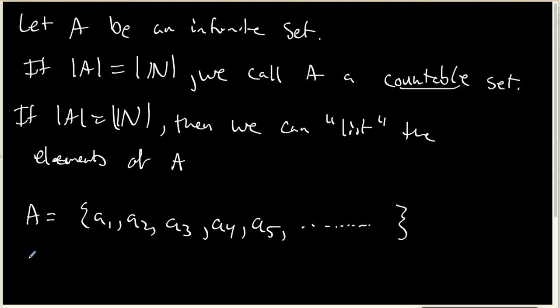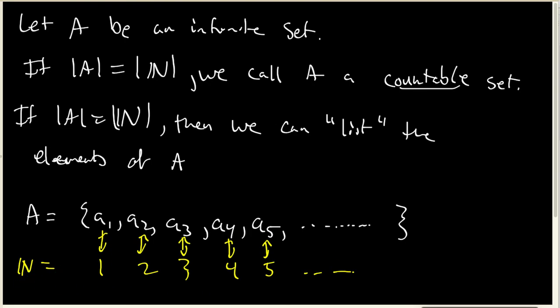And of course, once I have that, I can easily put down here 1, 2, 3, 4, 5, and so on. And there is the bijection between A and the natural numbers. So it's really important to realize that any countable set can be listed.